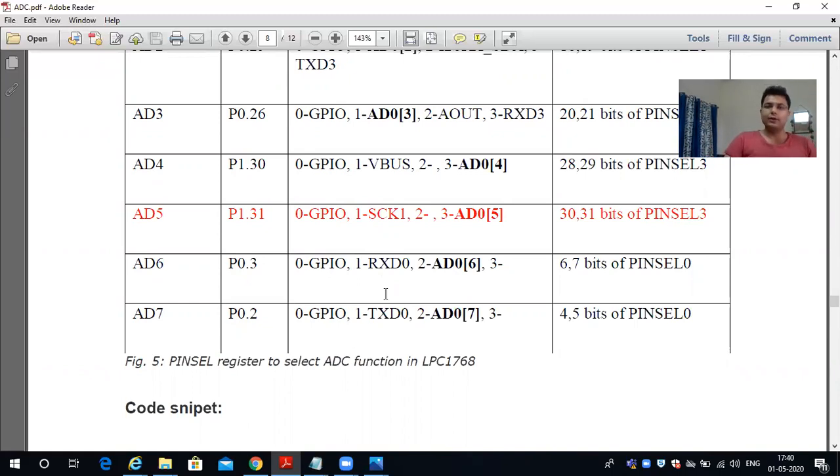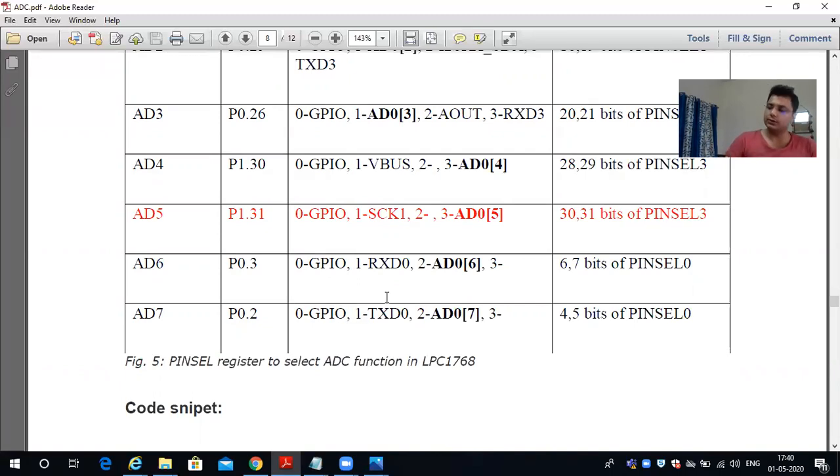Once we have configured it, now I will talk a little bit about powering up the ADC module, because all the peripherals which are associated with our core need to be powered up. If you do not power up, then there will be no proper connection.